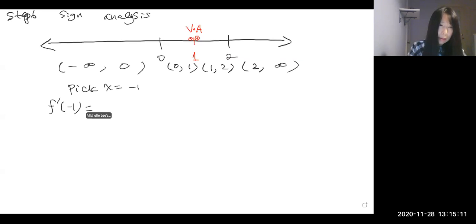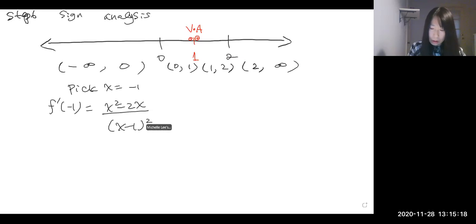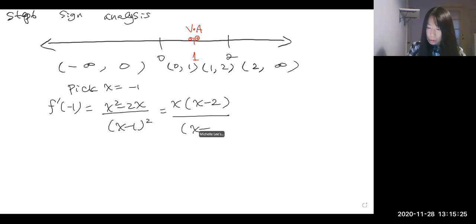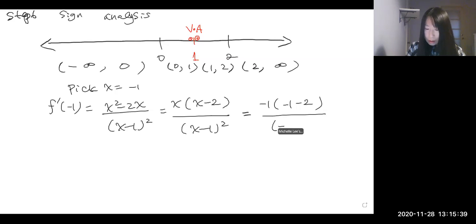So we had x squared minus 2x over (x minus 1) squared. We plug -1 into x, so -1 squared minus 2 times -1 over (-1 minus 1) quantity squared, right?